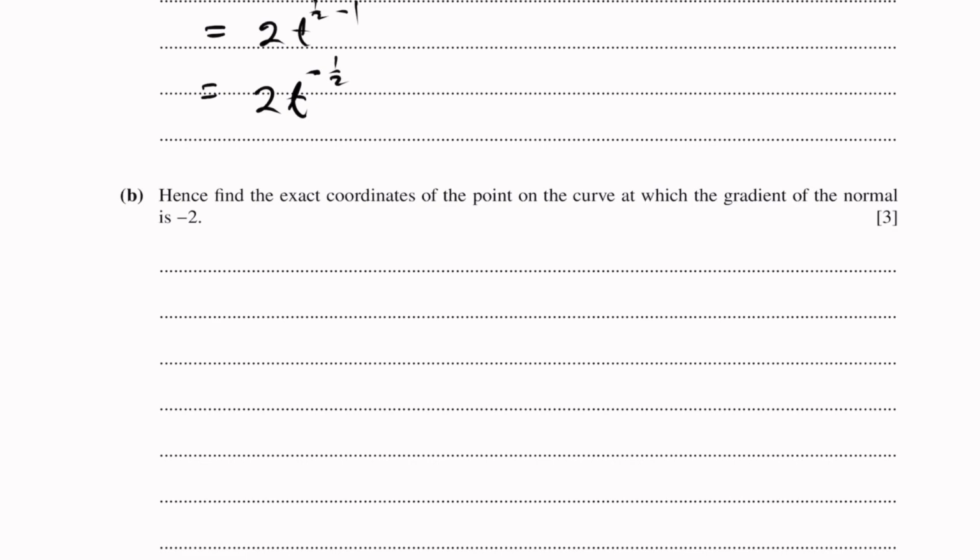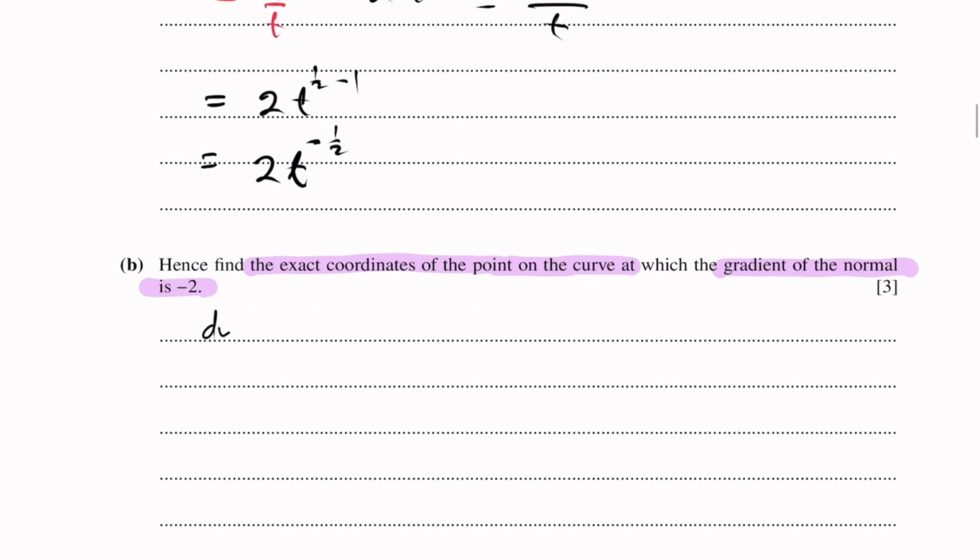Then the question went ahead to say that, hence, we should find the coordinate of the point on the curve for which the gradient of the normal is -2. Okay, so there are two ways to do this question. Because we know that dy/dx is equal to this, I can either write this, or I can just write 2 over root t, right?